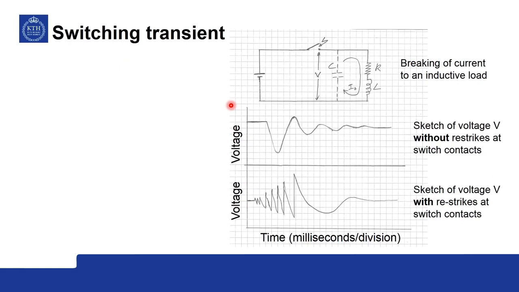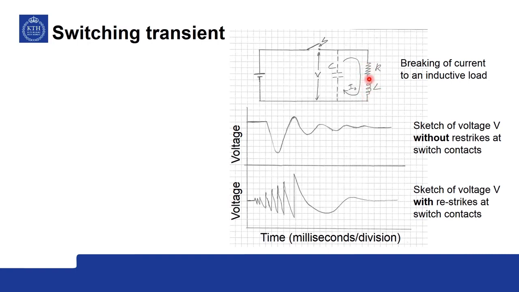Now, switching transients. Switching transients are very common, a day-to-day occurrence whenever you switch any device or lights. Typically, suppose you have a source, here a battery is shown, and a mechanical switch that is closed and opened, and your load may be in the form of resistance and inductance.